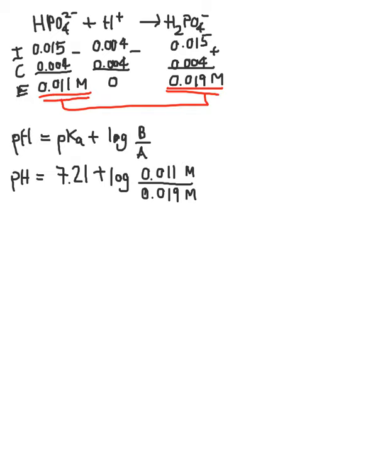So I would like to point something out from this question. There is actually a shortcut equation that we can use instead of doing this kind of full work over here. It's actually the modified version of the Henderson-Hasselbalch equation that we learned in class.